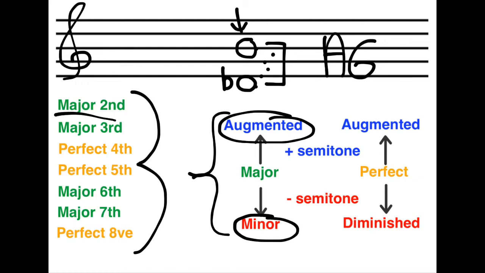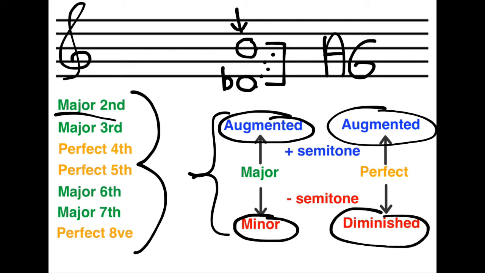Whereas the perfect fourths and fifths and octaves, if you make them a semitone larger, they become augmented again, just like major intervals. But if you make them a semitone lower, they become diminished. You don't have to worry about the reasons why perfect intervals are diminished if you lower them, and major intervals are minor if you lower them. Again, it's all to do with the importance of those intervals, perfect fourth, fifth, and octave.